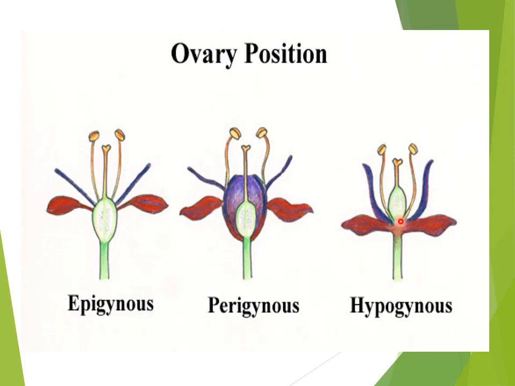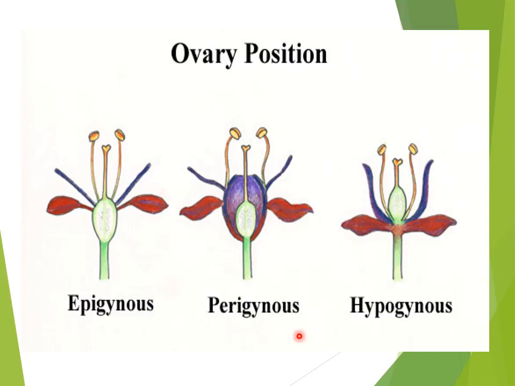That's why the position of the ovary becomes intermediate. Some parts are below the base of the ovary, and some parts are above the base of the ovary. That's why the position of the ovary becomes half superior, half inferior, or intermediate.